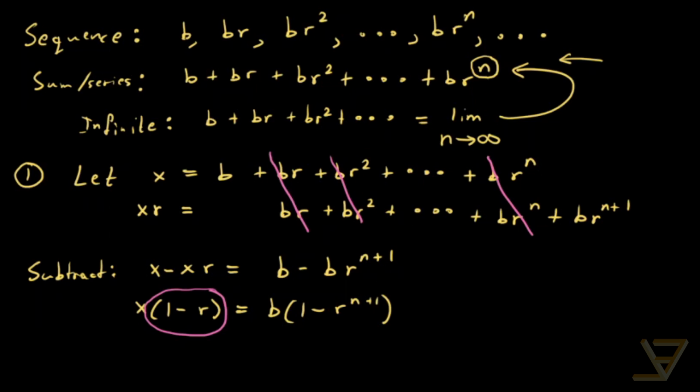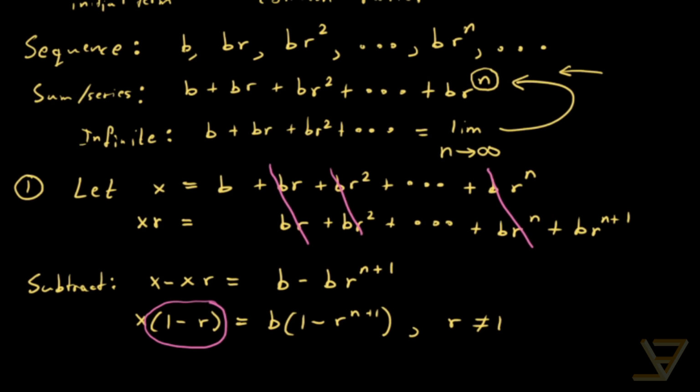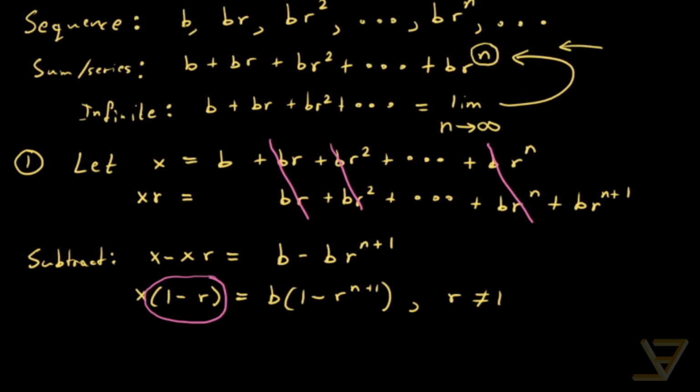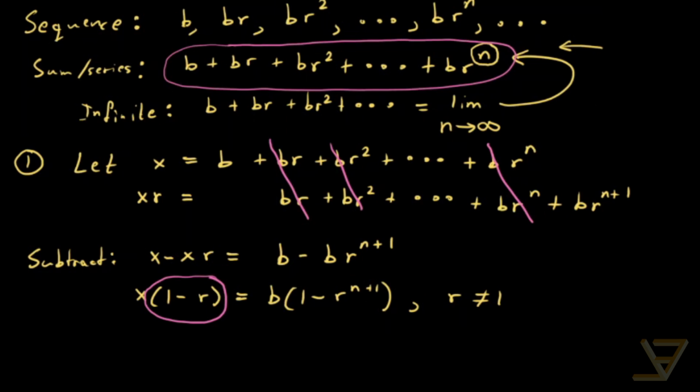But notice that the only way we can do it is if r is not equal to 1. But that's actually not a problem, because if r is equal to 1 in the series over here, then all the terms are equal to b. So the sum is just b times n plus 1 because there are n plus 1 terms.